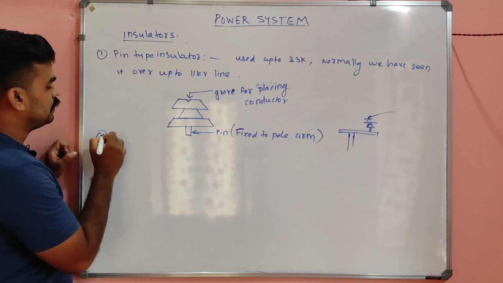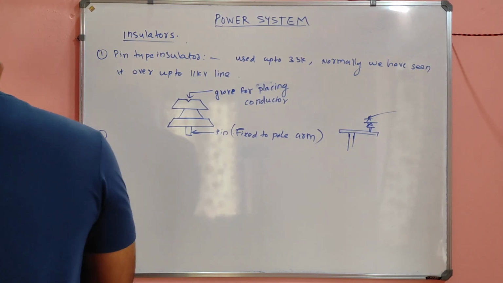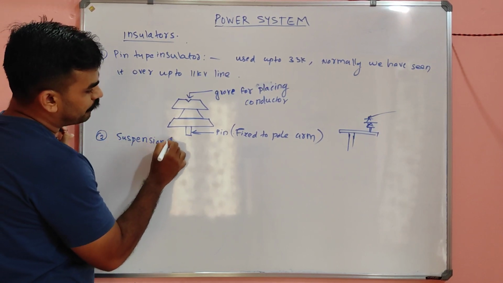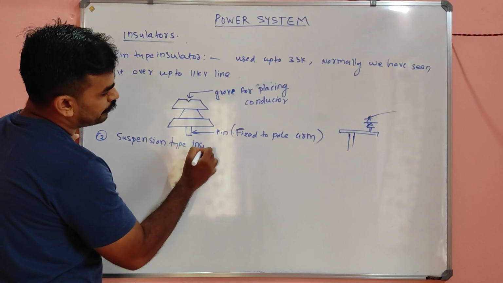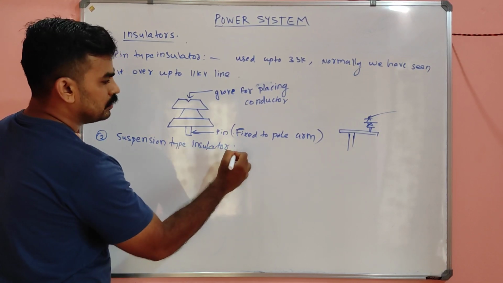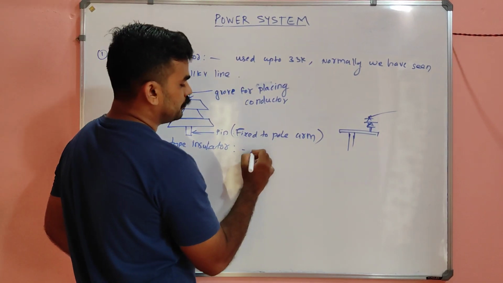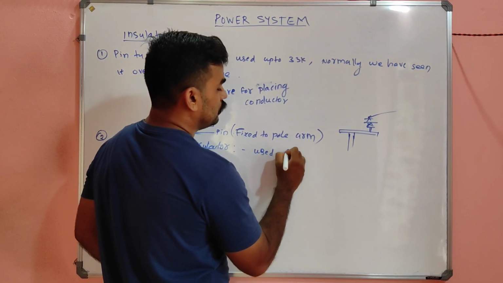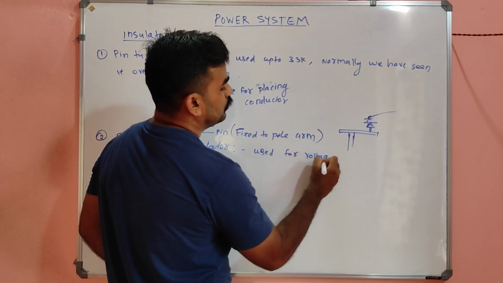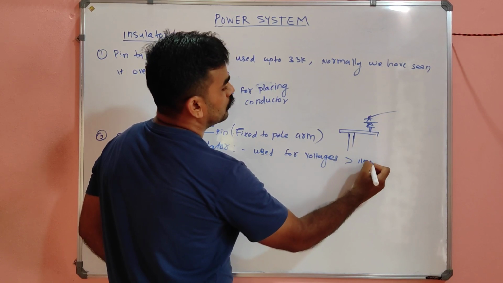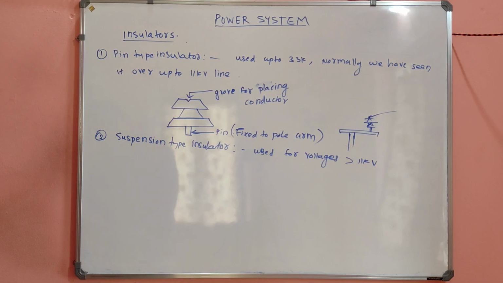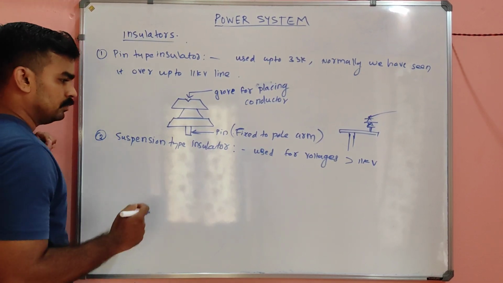Next one is the suspension type insulator. These are used for voltages greater than 11 kV. This will be the structure.